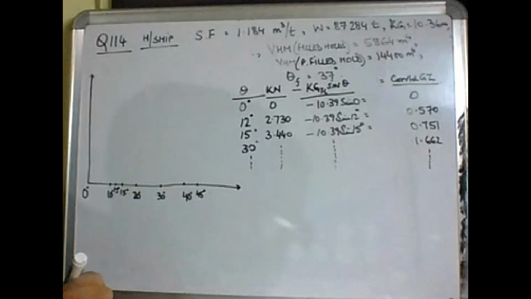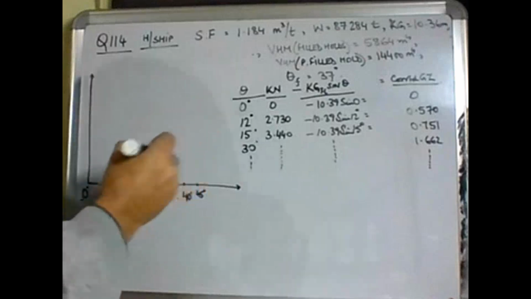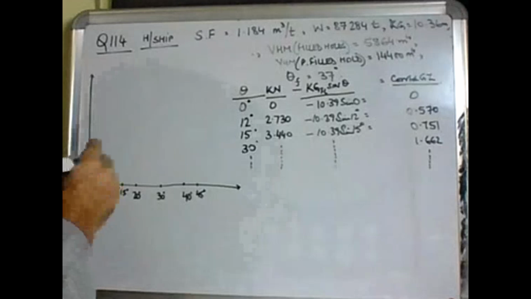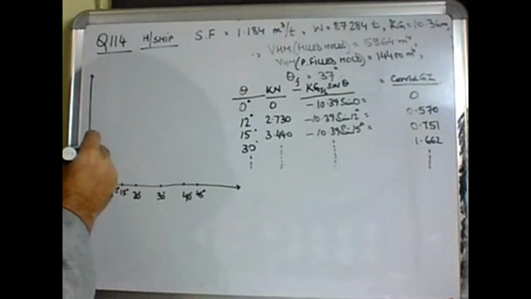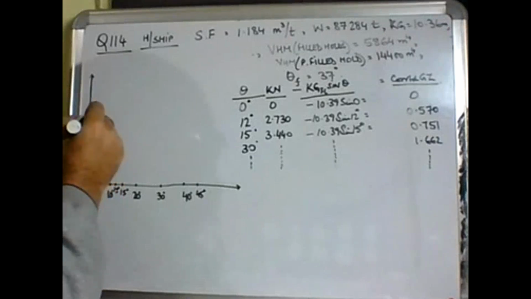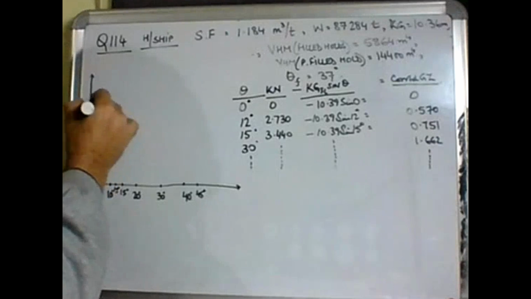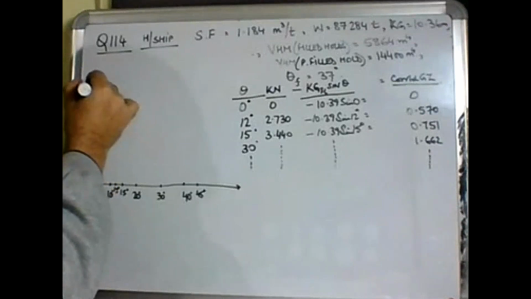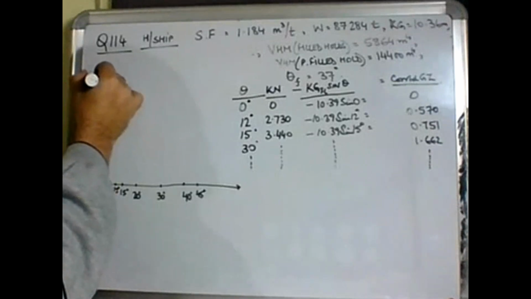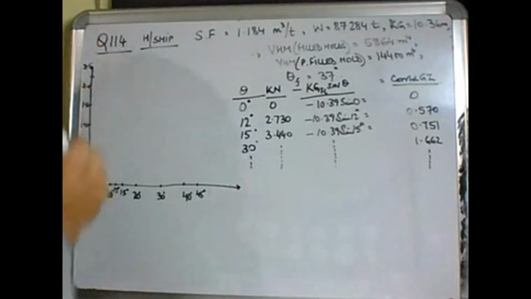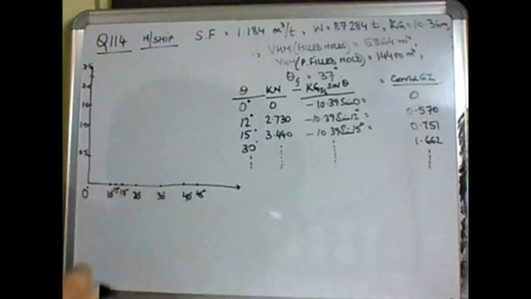And then the values on this axis are given to us: 0.5, 1.0, 1.5, 2.0, 2.5, and so on and so forth.